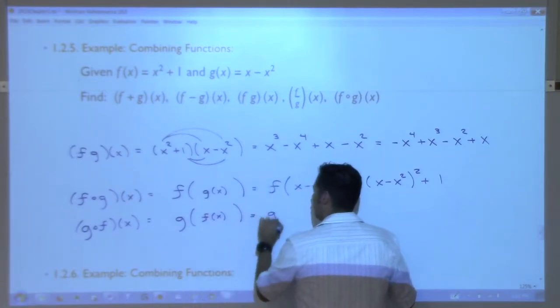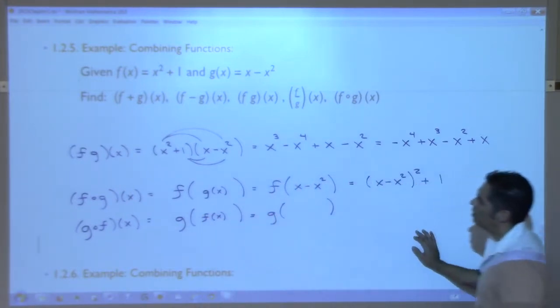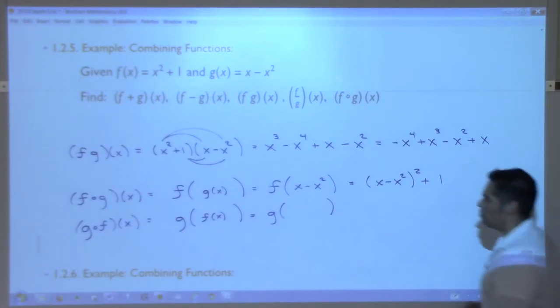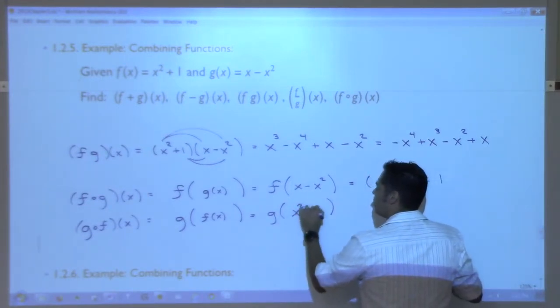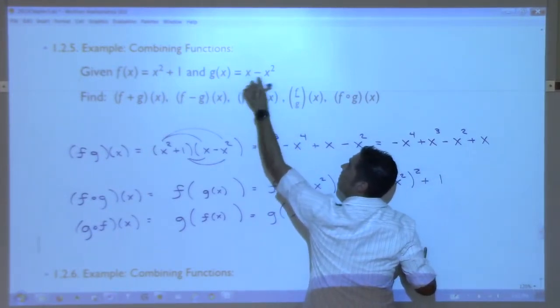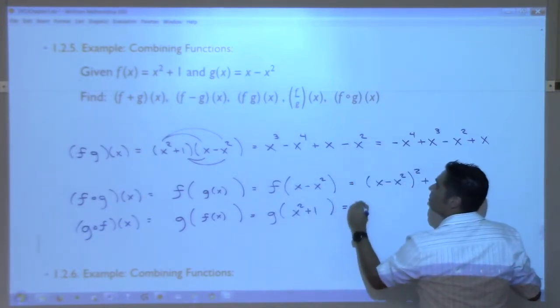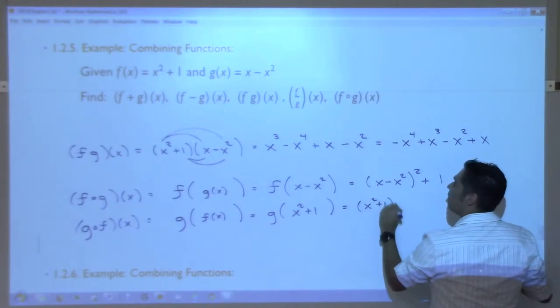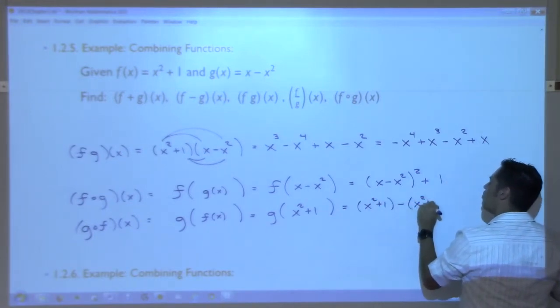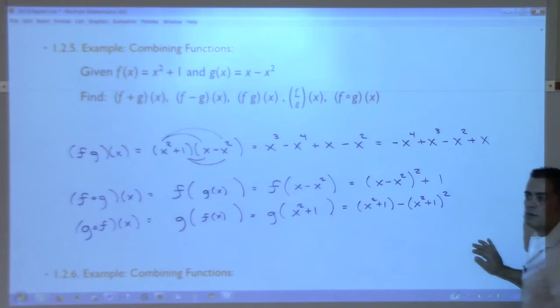So that really means you're going to take g, and inside of it you're going to plug x squared plus 1. And that x squared plus 1 is going to go in for this and that, right? Both of those are going to become x squared plus 1s. So x squared plus 1 minus the quantity x squared plus 1, squared.